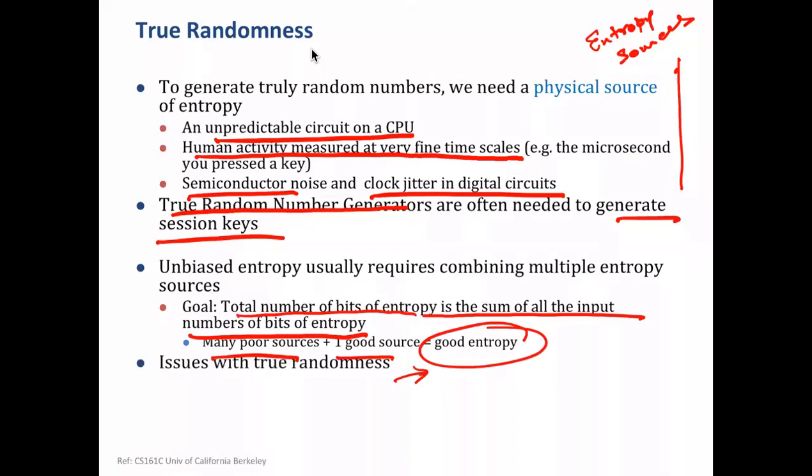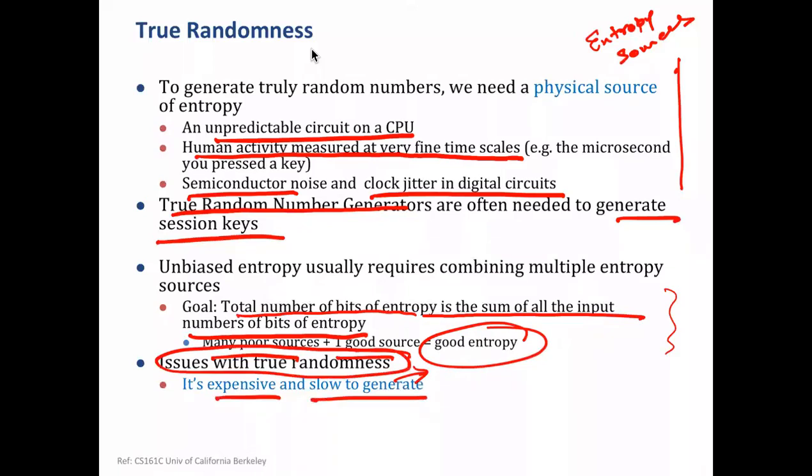So these are the requirements. Now the problem with true random number generators is that they are very expensive and slow to generate. For example, in your laptop, how do you generate?